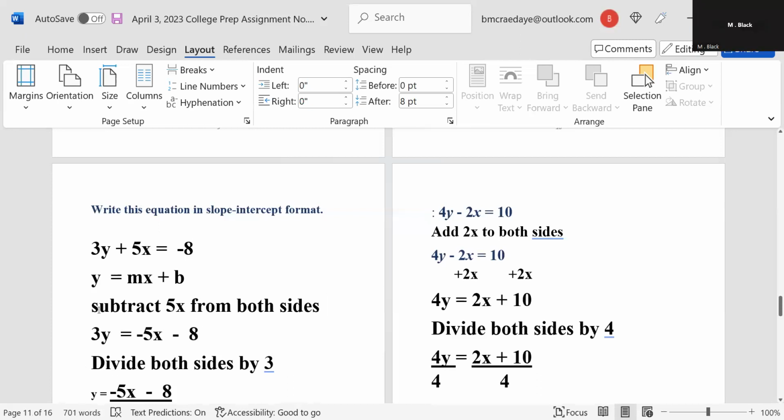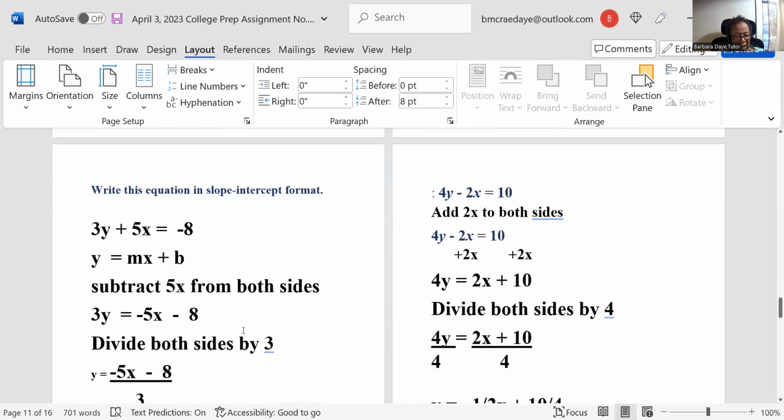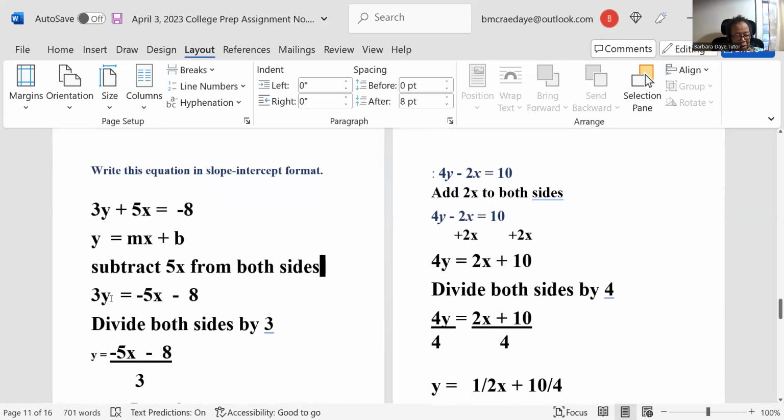Okay. 3y equal -5x minus 8. Now I want just y equal to something. And this 3y is a multiplication, so that means I divide by my 3, both sides. So 3y divided by 3 is just y. -5x minus 8, all divided by 3. With me?